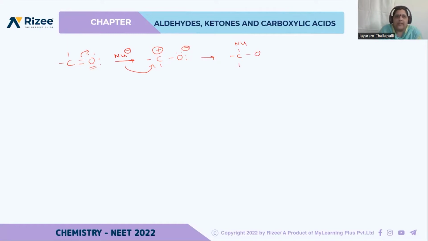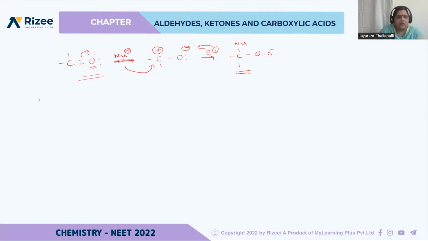So this negative charge on oxygen is balanced by the electrophile. So the product in these two types will be the same, but the first one through the attack of the electrophile and the second one through the direct attack of the nucleophile. So the possibility is more in this type compared to the earlier one.